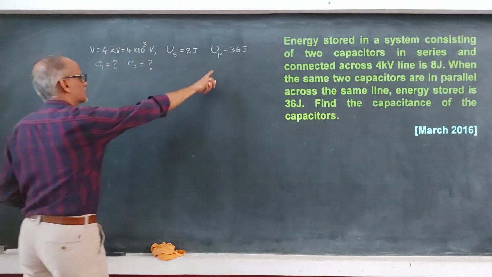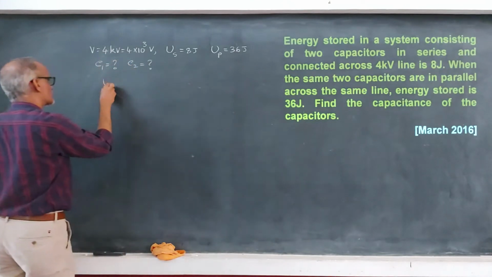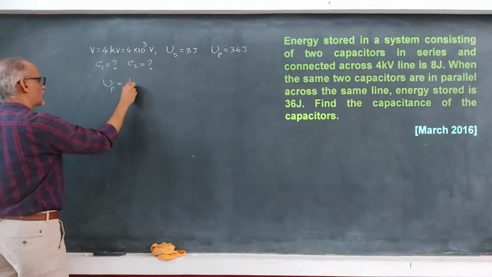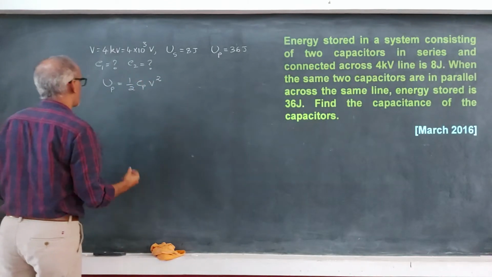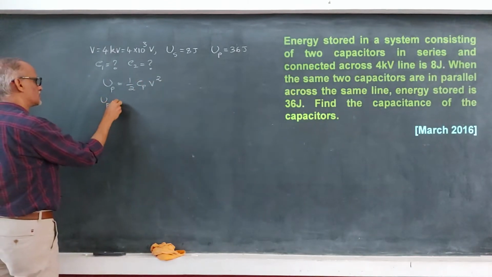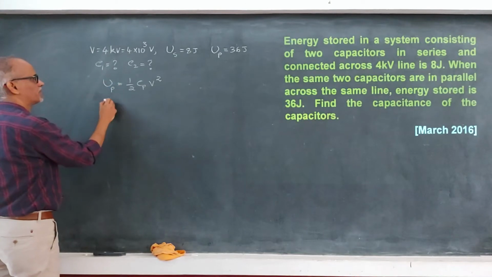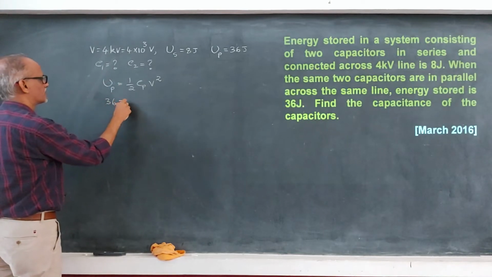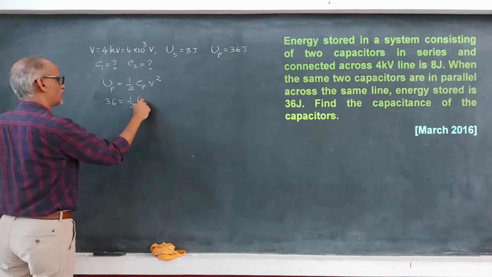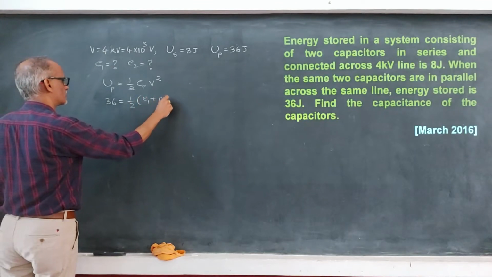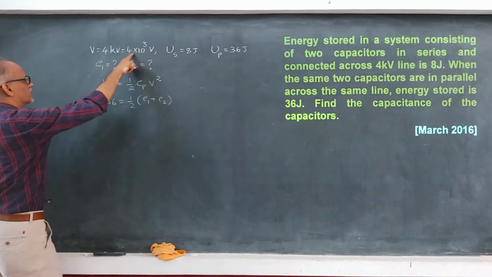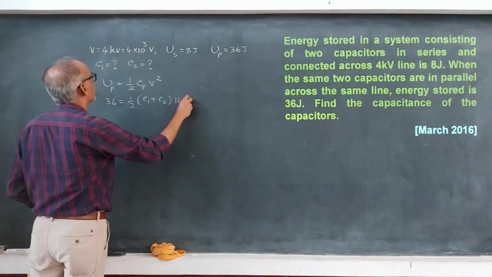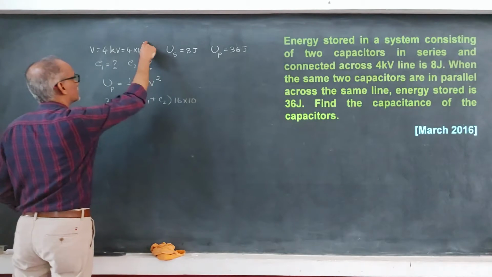So, I am going to start with this equation, which is Up. Energy stored in the parallel combination is equal to half Cp V square. So, Up is equal to, so we will substitute that, the value of Up is 36, that is equal to half, and the value of Cp is C1 plus C2. The value of V is here, square of it will give you 16 into 10 to the power 6.